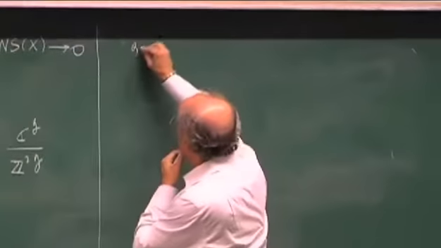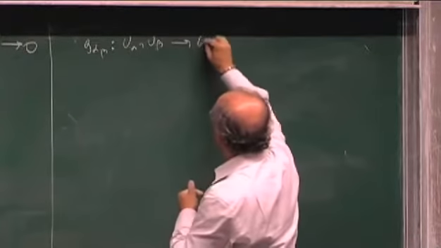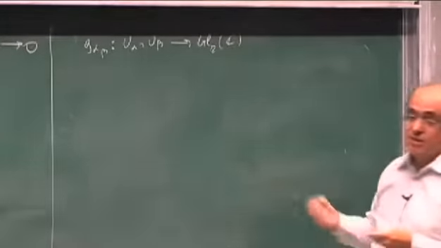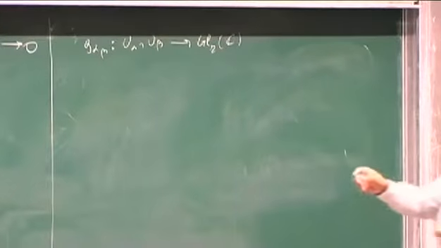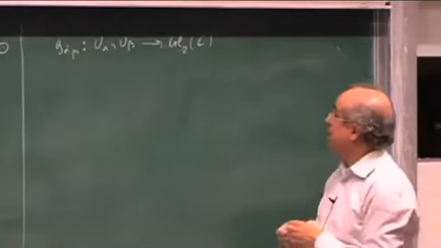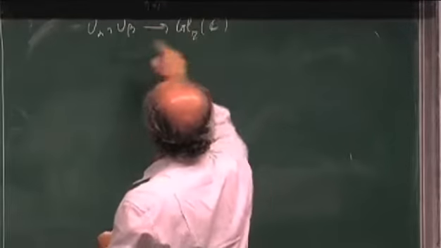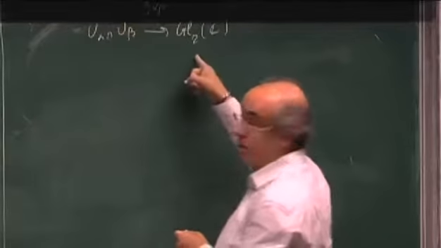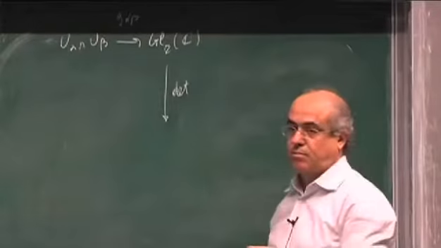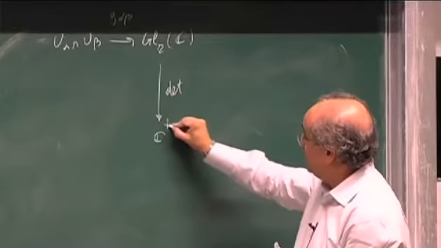You remember that a vector bundle may be described by transition functions, holomorphic maps like this, which satisfy a cocycle condition. Then, of course, at every point, this means that I have a matrix. Of this matrix, I can take the determinant. Of course, I get an element of C star.